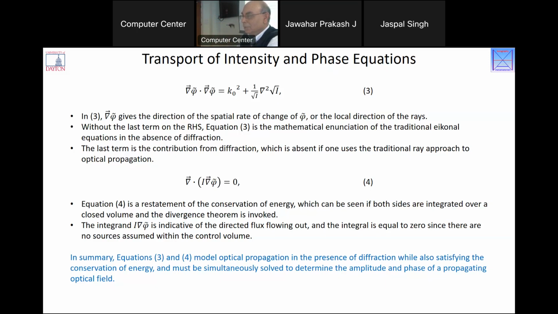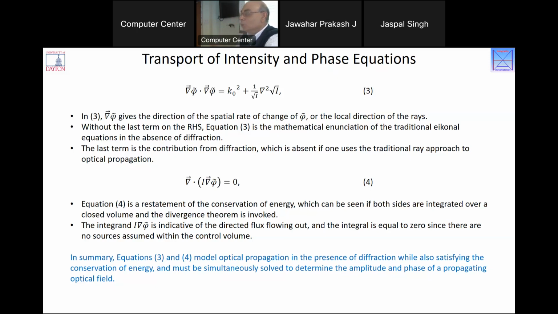Okay, and you can see it in other ways as well. You can show that this equation will in fact give you the diffraction equation that we have, and from here you can derive the Fresnel diffraction formula, and that's there in my book. I didn't notice at that time that all of this had to do with transport of intensity, but okay. In fact, this is not the transport of intensity equation.